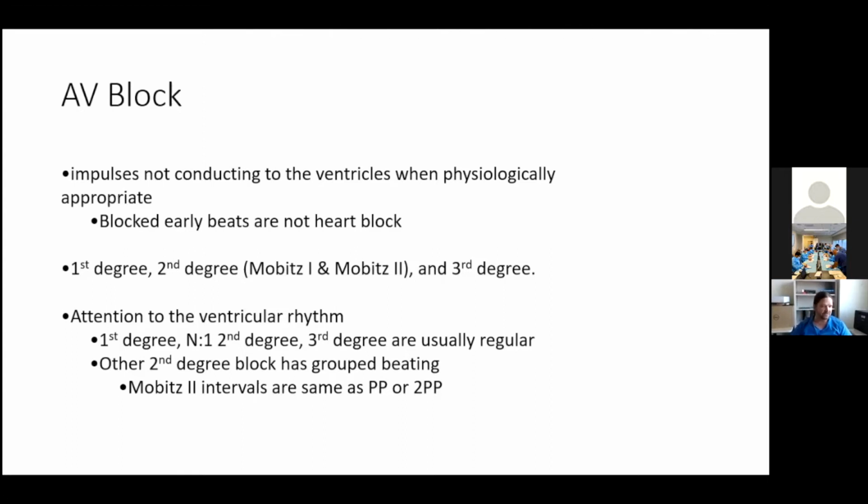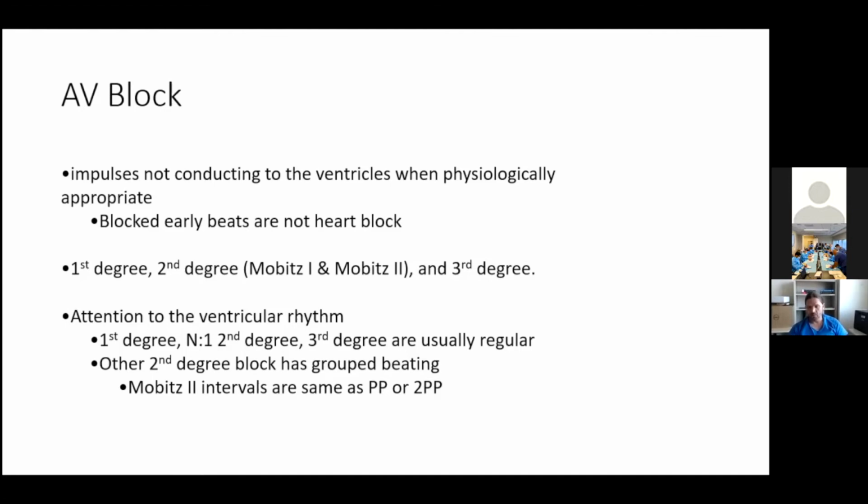I think it's very important for people to pay attention to the ventricular rhythm in heart block, because there are certain things that are going to have a regular rhythm. First degree heart block with a regular atrial rhythm is going to conduct with a regular rhythm. If you have N-to-1 second degree heart block, that's either 2-to-1, 3-to-1, 4-to-1, you're going to, again, conduct regularly. Third degree heart block has AV dissociation.